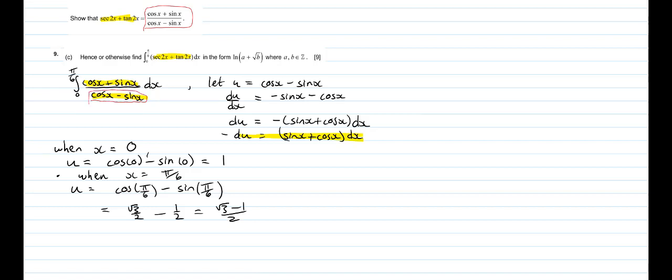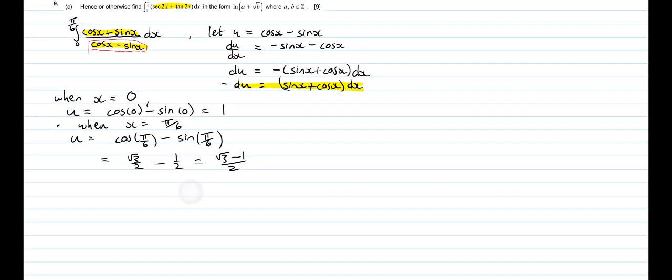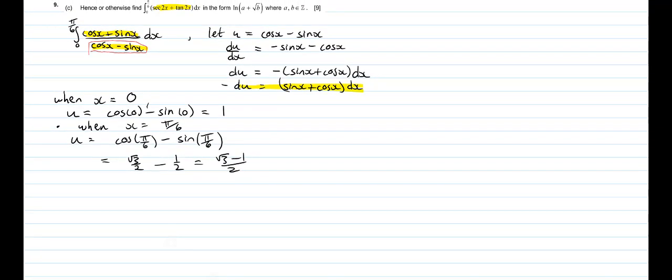So our integral is now going from 1 up to root 3 minus 1 all over 2, and we're going to have negative du, and then we've got 1 over u for the 1 over cos x minus sin x. Okay, so integrating that, it's a fairly straightforward one to integrate.